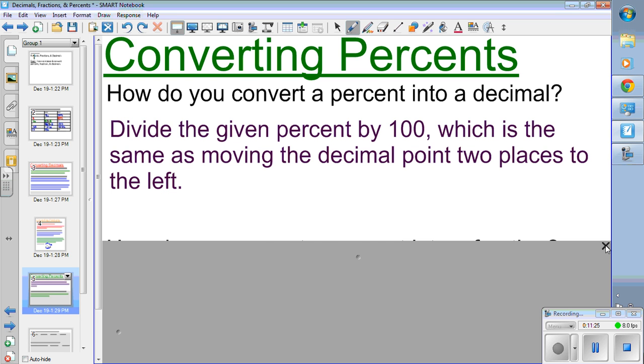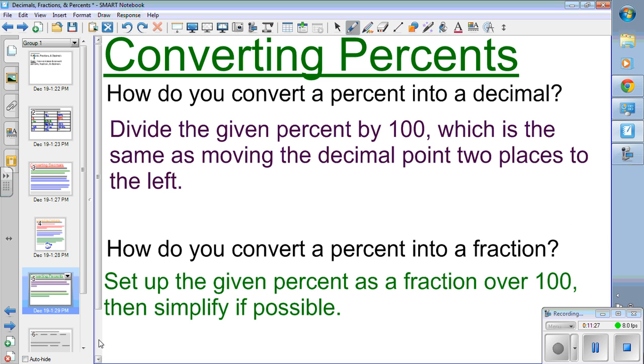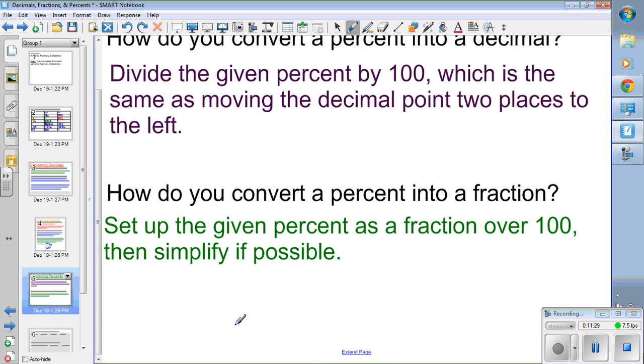Next, how do you convert a percent into a fraction? Set up the given percent as a fraction over 100, then simplify it if possible.